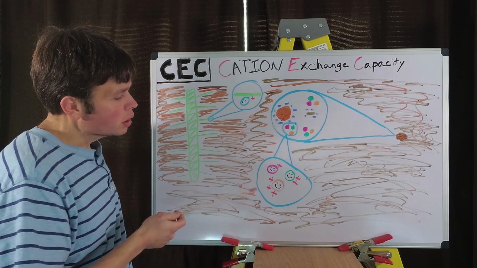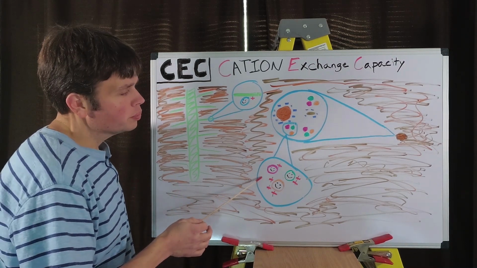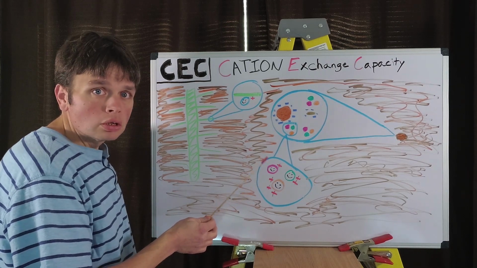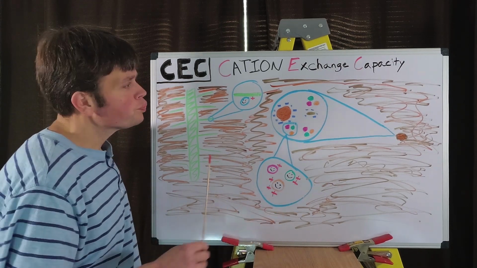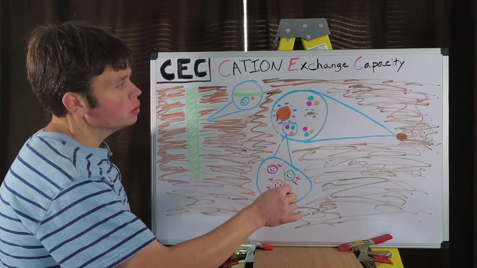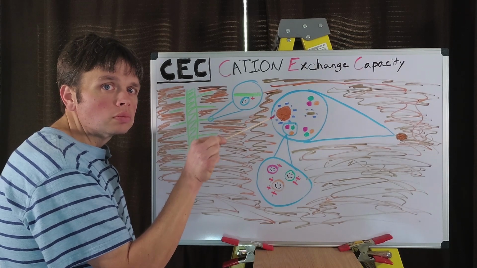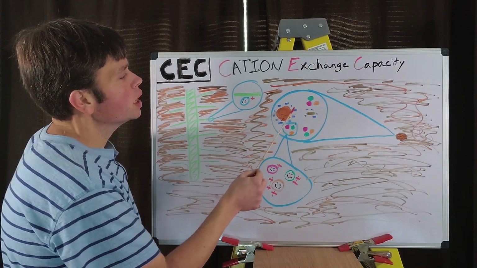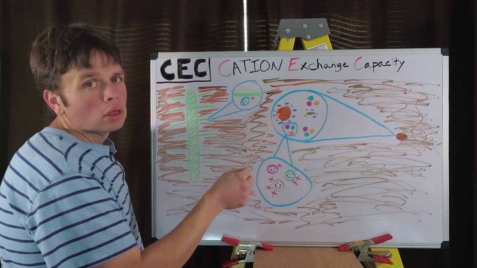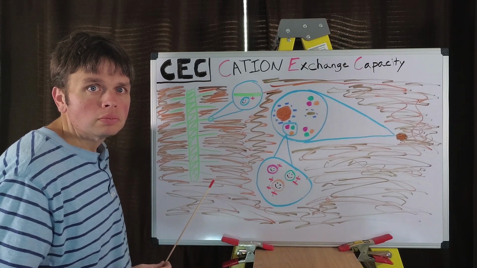So now that they are, because they are positively charged nutrients here and negatively charged soil, they will basically attract to each other. So all these happy little nutrients are clinging onto each sand and clay particle.